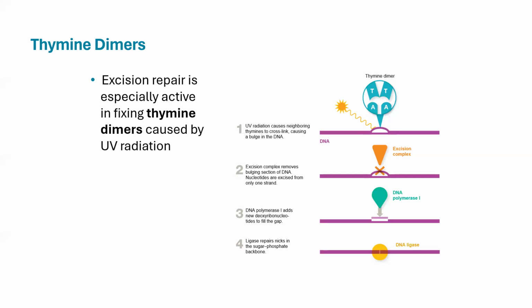DNA polymerase would just replicate that as a single nucleotide, and so you would end up having a missed nucleotide. And so the DNA excision repair complex comes in and cuts out that bulge. DNA polymerase 1 jumps on, and just like it would if it were replacing the primer, it adds the new bases. And then it leaves you that little nick at the end, and DNA ligase glues it all back together.